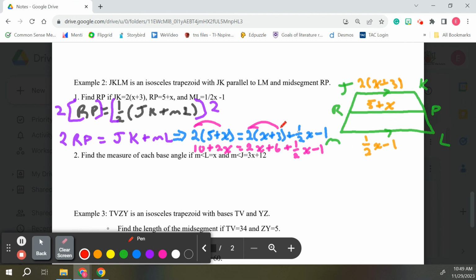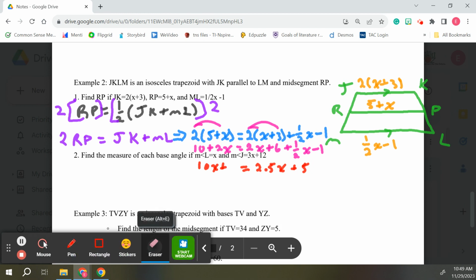Combine my like terms over here. I'm going to have, let's see, it looks like 2 and 1/2, so let's say 2.5x plus 5 equals 10 plus 2x.